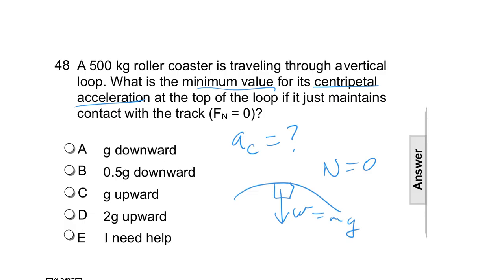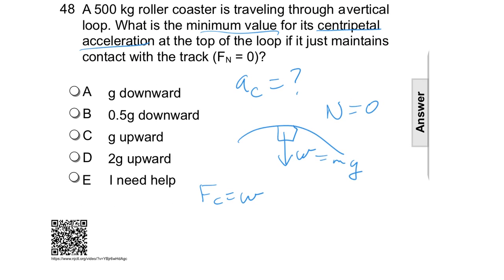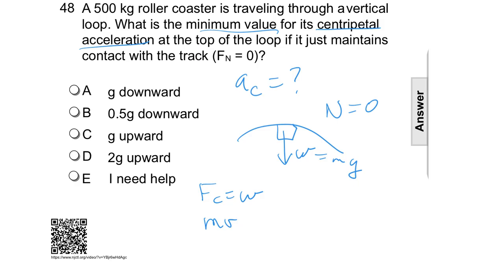So Fc equals weight. I'll show you this. mv squared over r equals mg. The m's cancel out. I don't really have to do this. I'm going along solving for v. They're not asking for v.